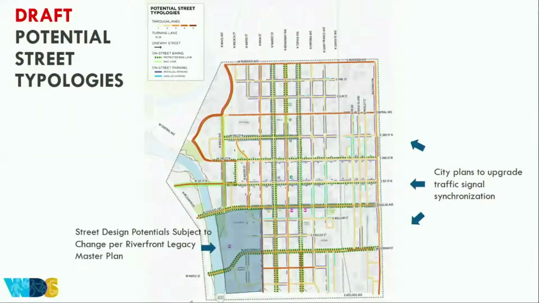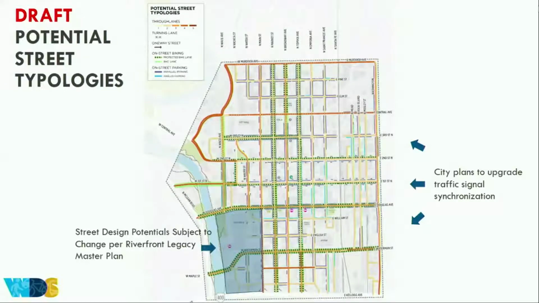So now we're going through the concepts. This is a graphic similar to one at the beginning that talked about the existing configuration of the streets. This one shows what they could be in the future according to the different concepts that have been developed. You'll notice that there's a large dark blue area down in the lower left-hand corner. This is where the Riverfront Legacy Master Plan boundaries are.